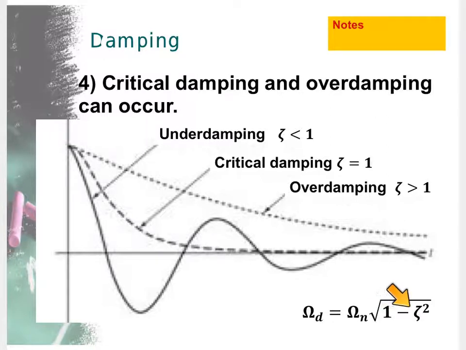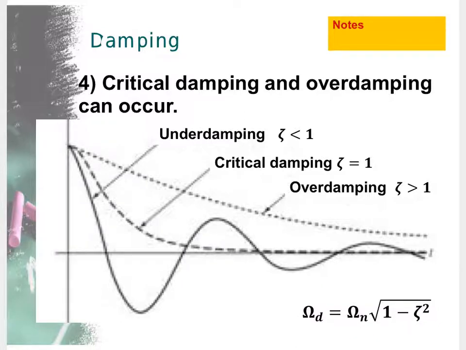Well, this number ends up being negative when zeta, or zeta squared actually, is greater than 1, which means that when zeta is greater than 1, this whole damped frequency thing becomes imaginary and something crazy happens.